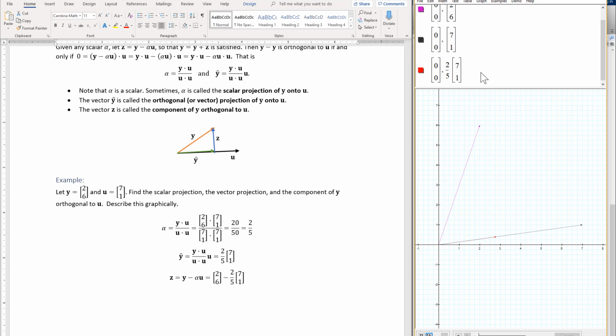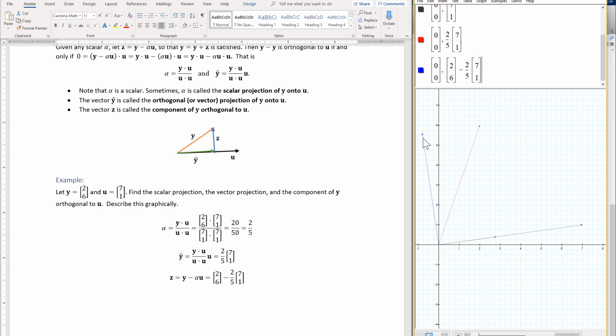Again, these vectors have to come from the origin, and we'll talk about adjusting this in a minute. Oops, I think I want something else before this. So I want 0, 0, comma, and then 2, 6 minus this vector.